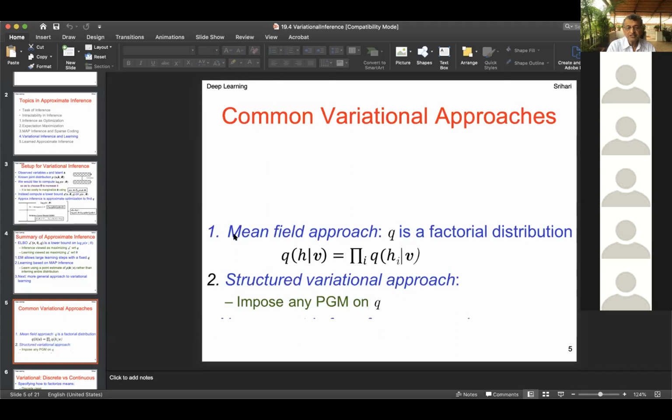The term mean field has something to do with the electromagnetic field in statistical physics. They say Q is a factorial distribution. It says Q(h given v) consists of the product of Q(h_i given v), where the subscript i is not samples here, over all the elements of the vector h. So it says they're all independent for a given v.